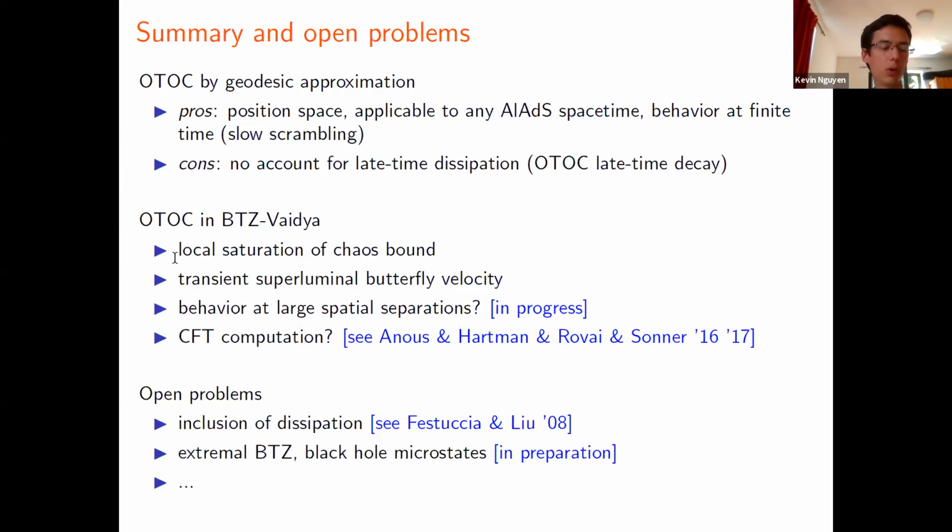We found local saturation of the chaos bound. We found transient superluminal butterfly velocity. But we don't have the result at very large spatial separations. That's something that is in progress, but we would need to compute the shock wave as it propagates across the shell of matter, which is a bit tricky to do.